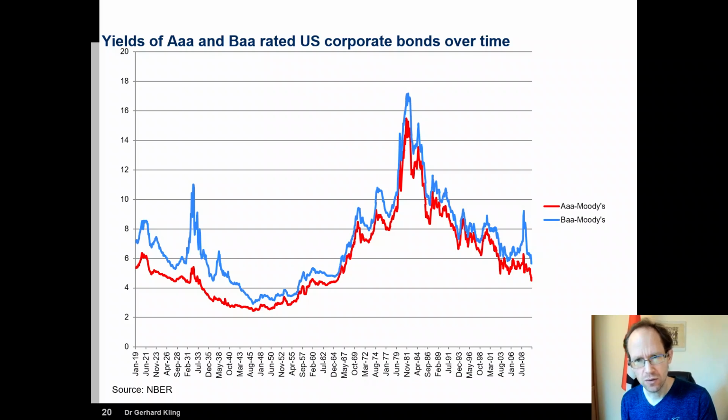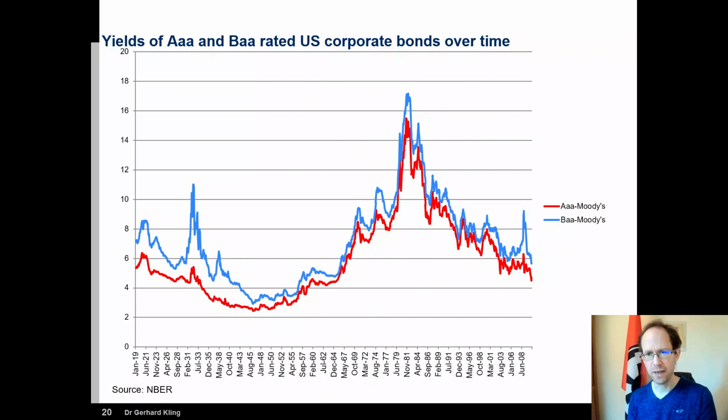So what I also do quite a lot is I just look at market data, and in particular look at the actual prices of bonds, comparing different ratings. Here you see as an example, this is for the US, I did this study a few years back. We have AAA rated Moody's and BAA Moody's yields over time, and you see there is quite a bit of a gap between these different types.